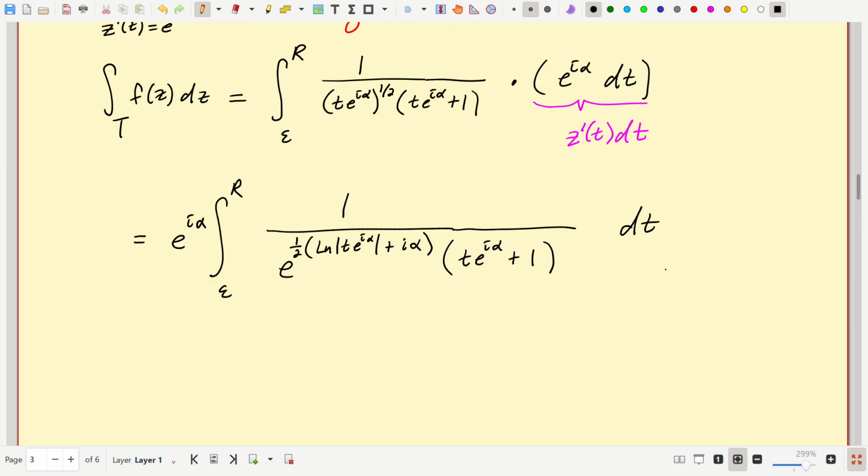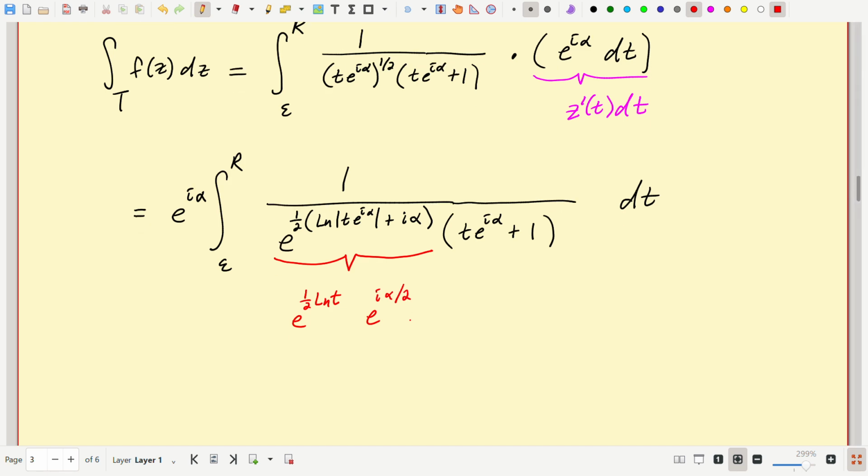And this is the interesting thing to look at, this part right here. That's going to be e to the 1/2 natural log of t times e to the 1/2 I alpha, that is e to the I alpha over 2. And e to the 1/2 log t is the square root of t.